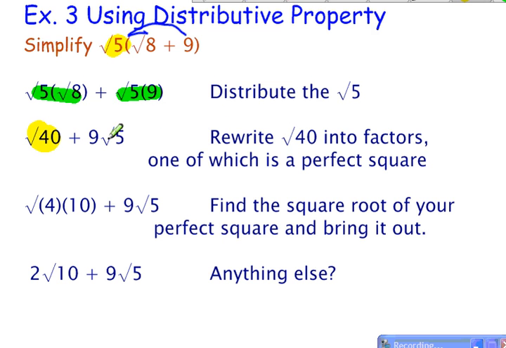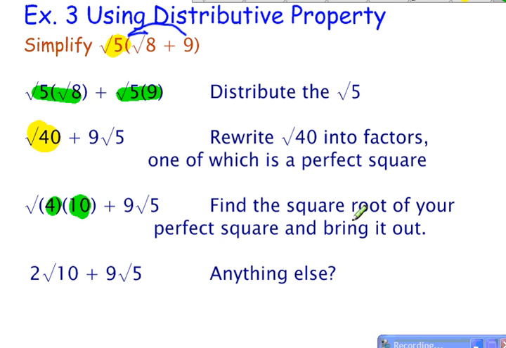Plus, now I'll rewrite this as the radical last here. Okay, the next thing I want to do is look at the factors of 40 of which one will have a perfect square. Okay, those factors are going to be 4 times 10.